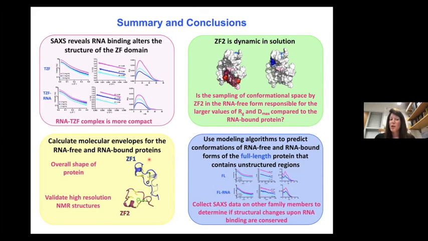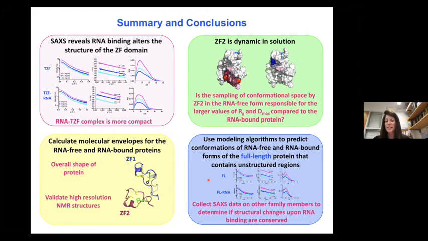And then some of our next steps, we now want to go into calculating molecular envelopes for the RNA-free and the RNA-bound forms of these proteins. And we want to get an idea of the overall shape. But in addition, we're going after the high resolution structures using NMR. And so we'd like to use our SAXS data and these molecular envelopes to really validate and complement our NMR studies.